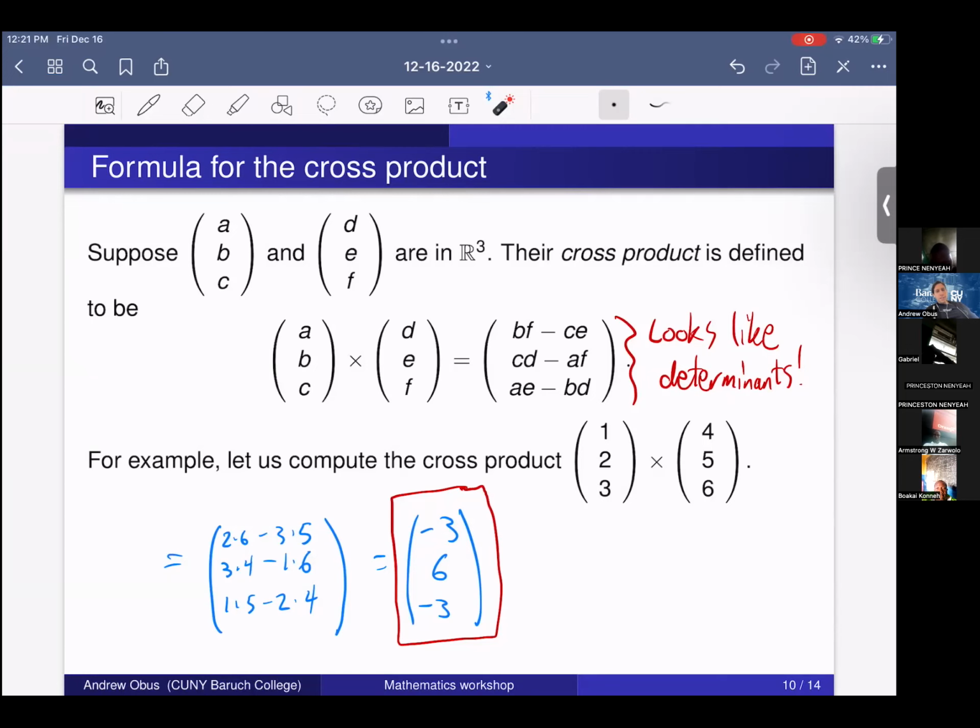I think the answer is yes. It is possible to have two vectors where everything is positive and their cross product is all negative. The positive and negative signs in the cross product are very unintuitive.